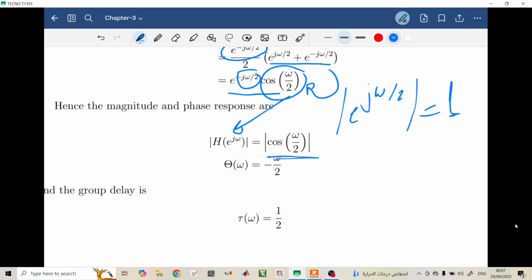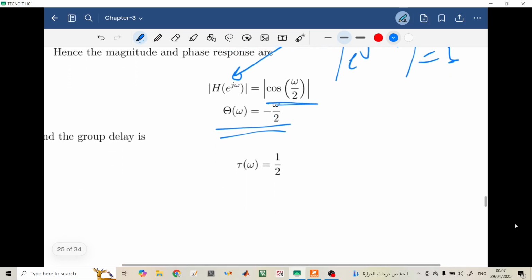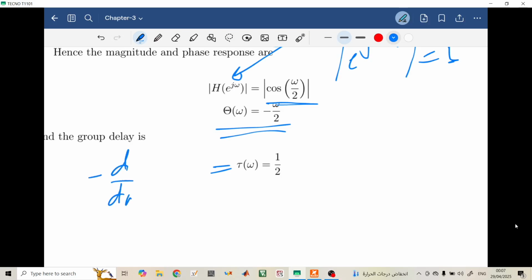So we're left with this term, and here we have the phase response. Now if you recall, the group delay is minus the derivative with respect to omega of the phase response, which is 1/2. It's a constant, so this is a linear phase system, right?